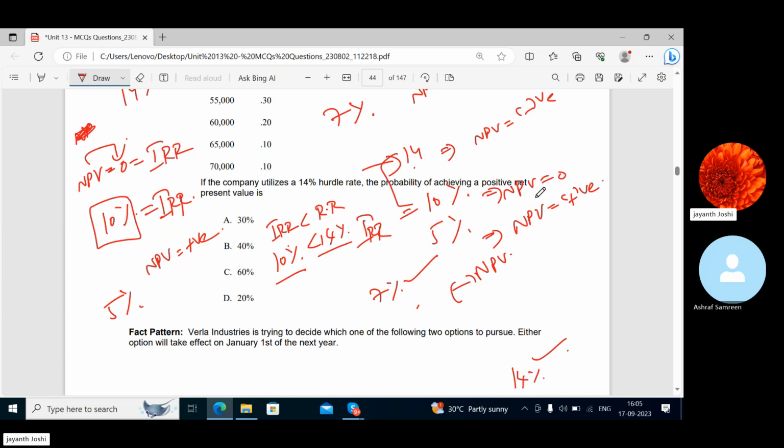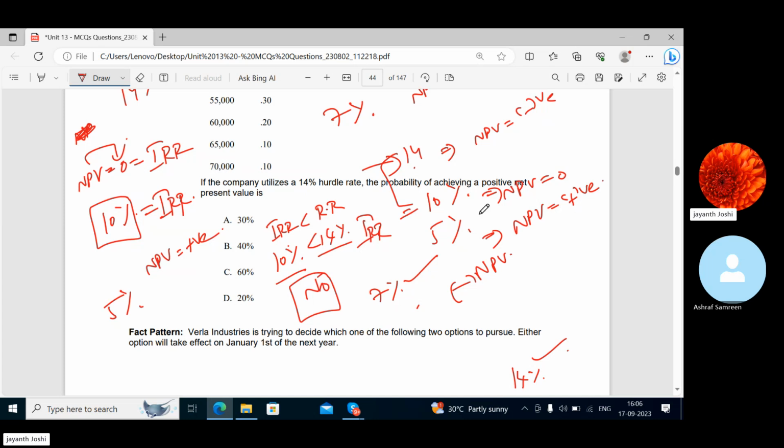So if IRR is less than the required rate of return, will you take the project? No. The IRR is less than the required rate of return.